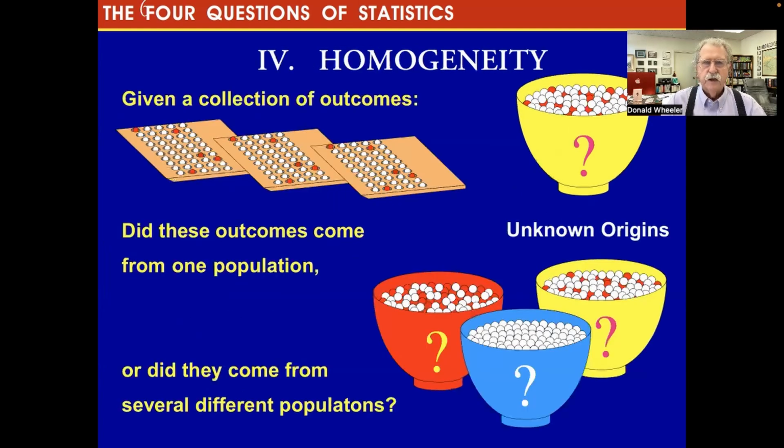But the 4th question in statistics is homogeneity. Given a collection of outcomes, did these outcomes come from one population, or do they contain information that suggests they might have come from several different populations?